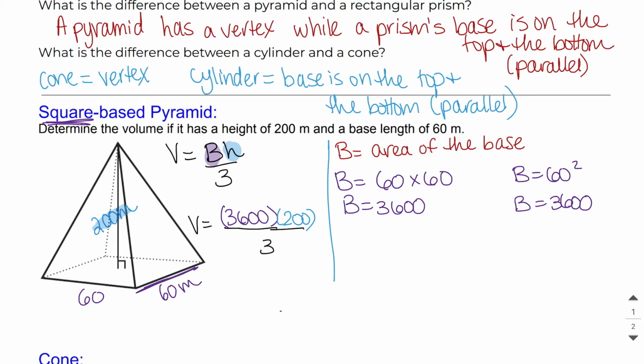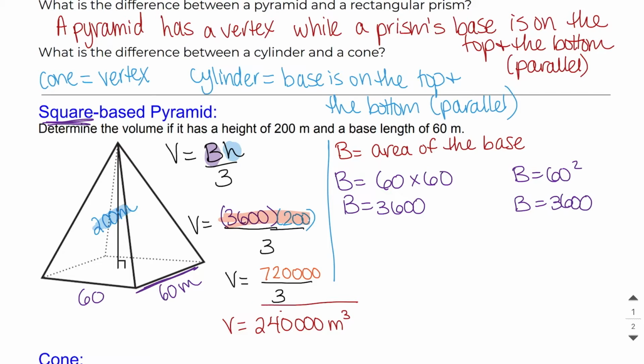Let's just go ahead and evaluate. 3,600 times 200, when I multiply those two together, I get 720,000, and then I still have to divide that by 3. When I divide that by 3, I get my final answer, which is 240,000 meters cubed, because this is a 3-dimensional figure. So we have cubic units as our answer.